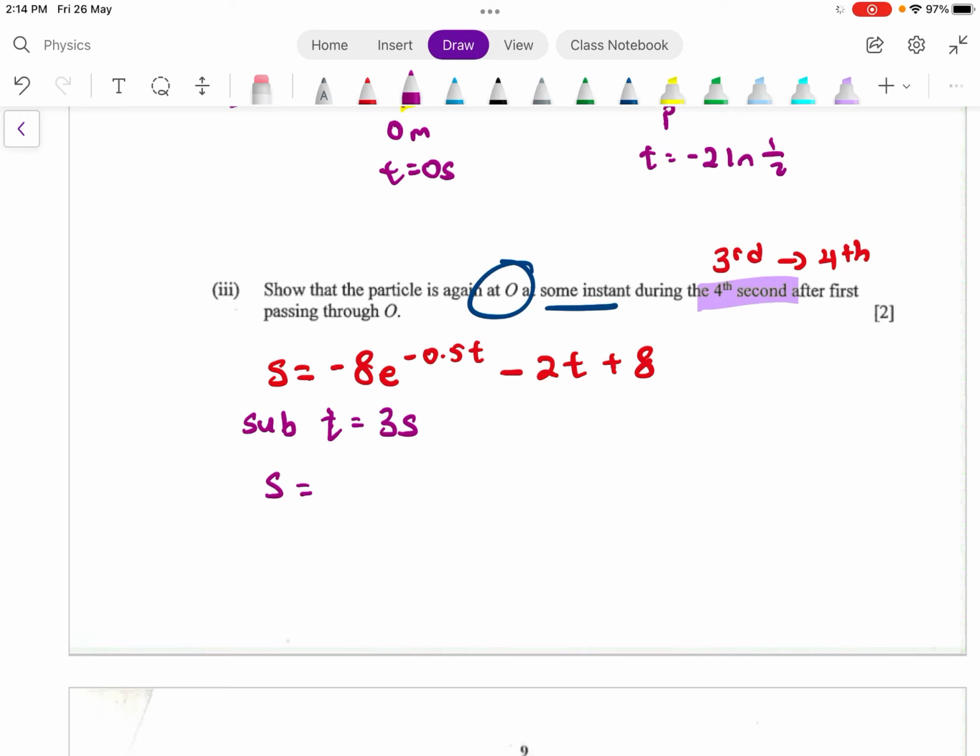Negative 0.5 times 3 is negative 1.5, minus 2 bracket 3, plus 8. So you will get negative 8e^(1.5) minus 6 plus 8, which is plus 2. Let me just calculate.